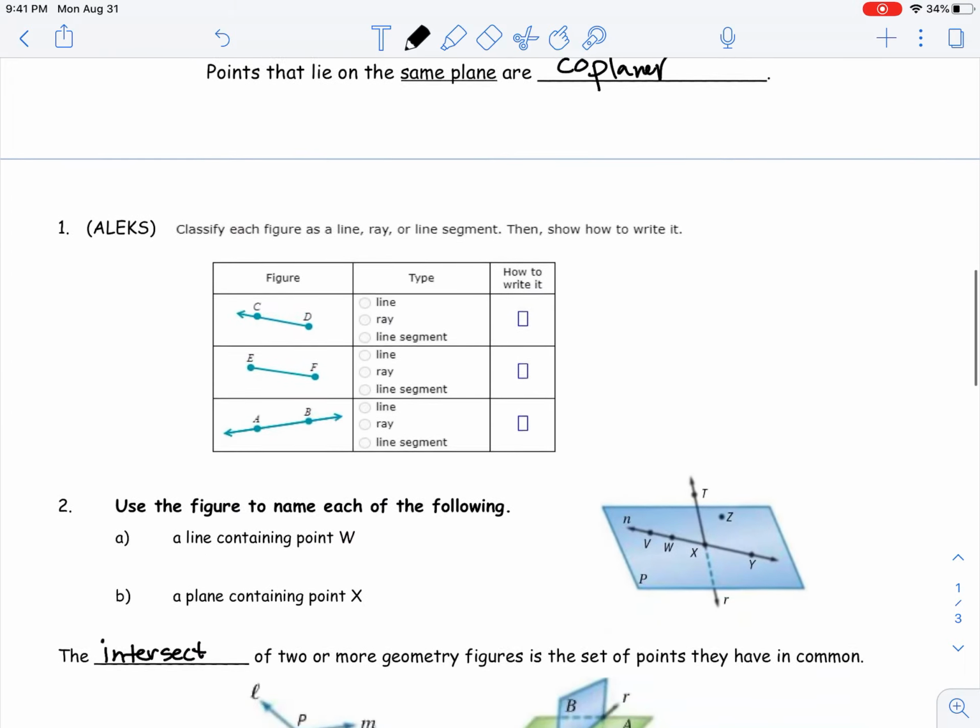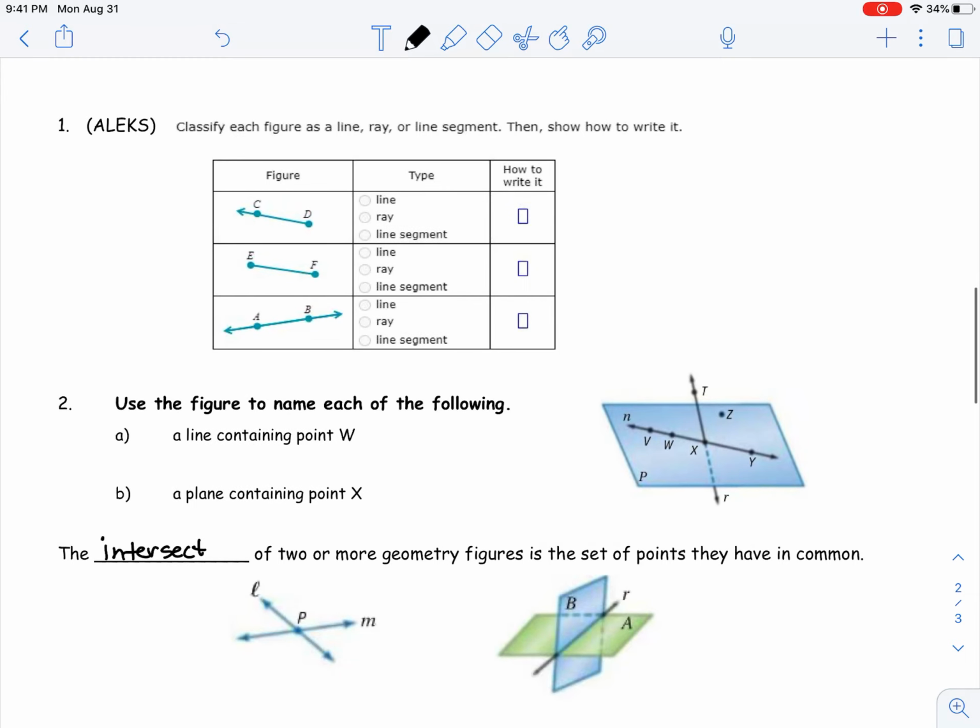Let's continue. These are just some questions that you might see on homework. First of all, this one is a ray. I know because it only goes off in one direction. How would I write this? Again, being sure that I always write my arrows to the right. C was closer to the arrow on that one, and D was closer to the endpoint. So I would name it ray DC. On this one, it doesn't really matter which order.